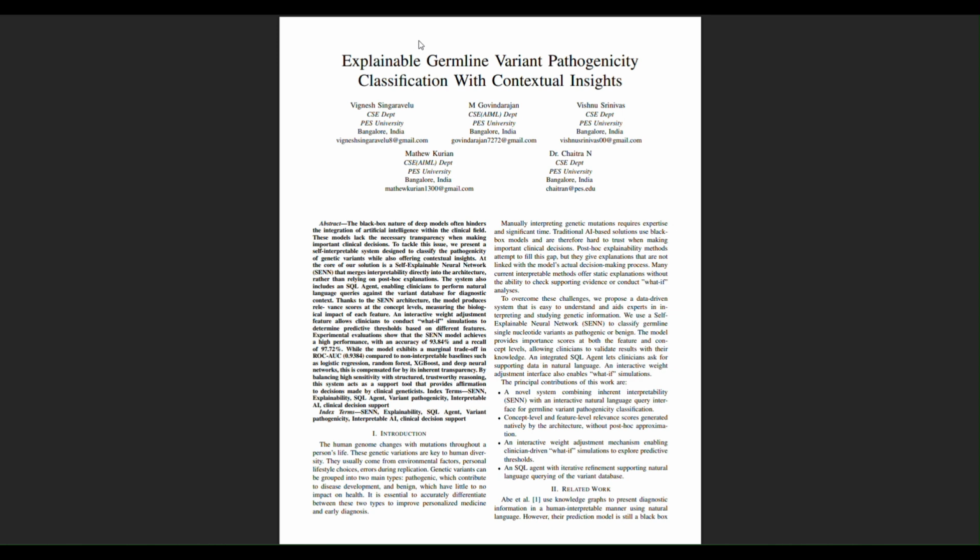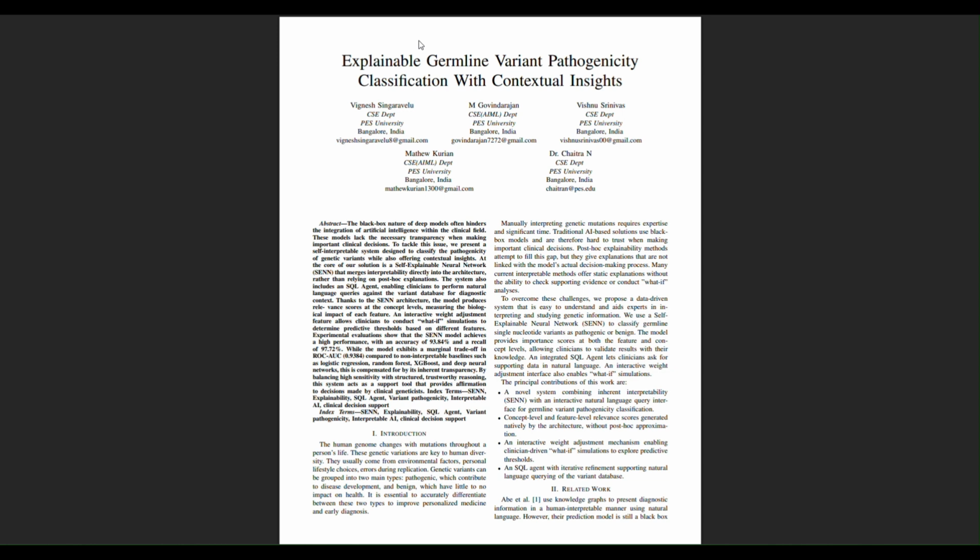Genetic variants can play an important role in disease development, and accurately identifying whether a variant is pathogenic or benign is therefore an important task in clinical genomics. Many machine learning and deep learning approaches have shown strong predictive performances for this problem. However, most of these systems operate as black boxes, making it difficult for a clinician to understand why a prediction was made.